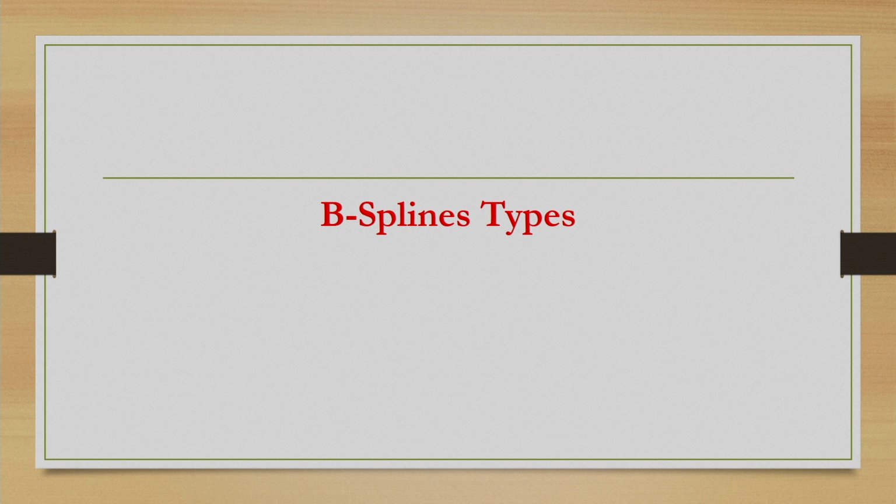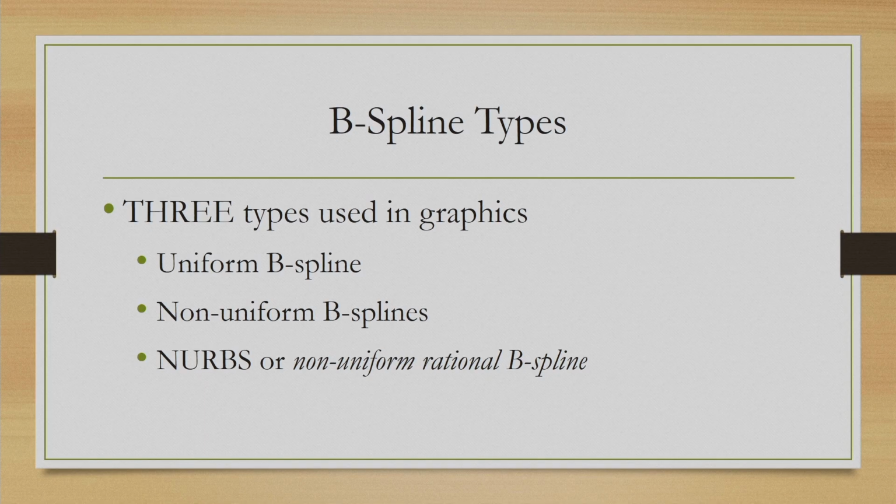Now, let us see various types of B spline. So far we have given a basic introductory idea of B spline. Now, let us see the types that are there for B splines. There are 3 types: uniform B spline, non-uniform B splines and NURBS or non-uniform rational B splines. We will briefly introduce each of these types.